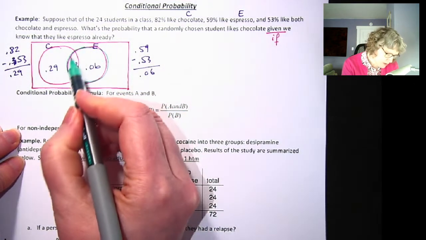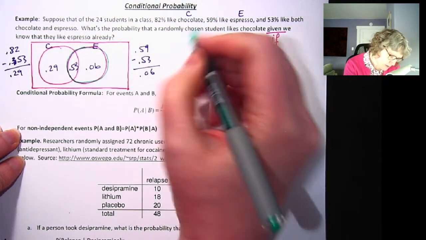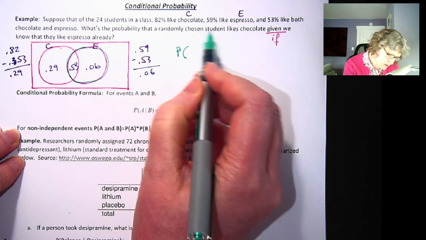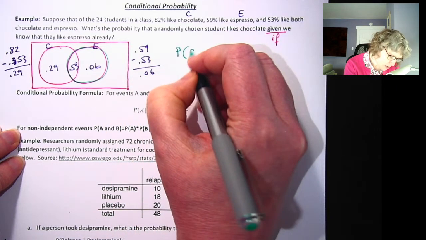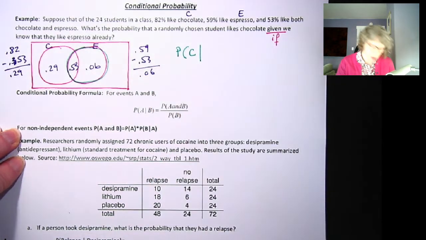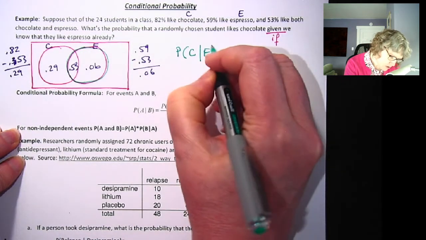So we're only going to be looking out of this amount. So first, let me write my probability statement. Probability that a randomly chosen student likes chocolate, so probability of chocolate, given, which is what this vertical bar stands for, we know they like espresso already.